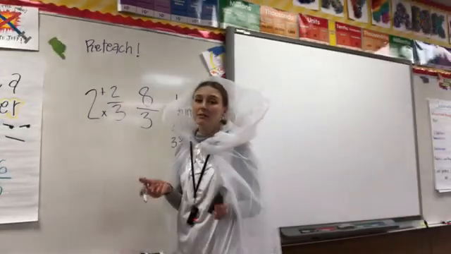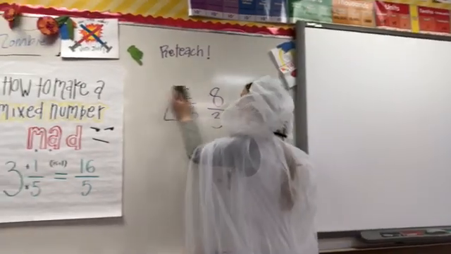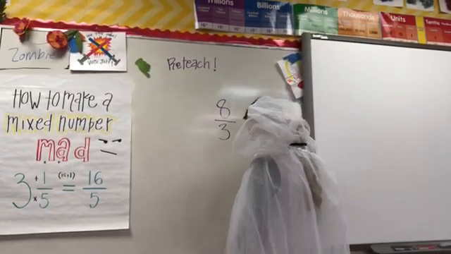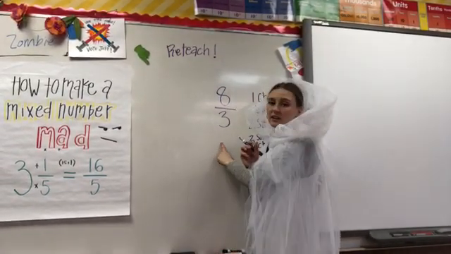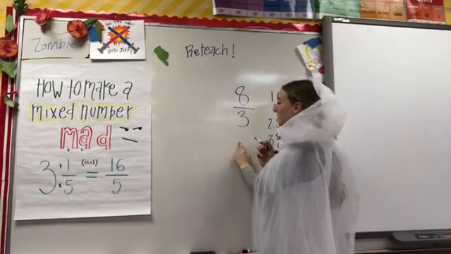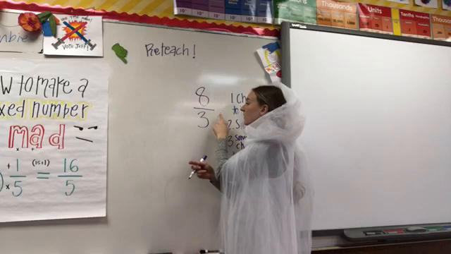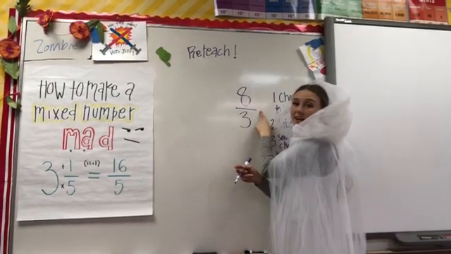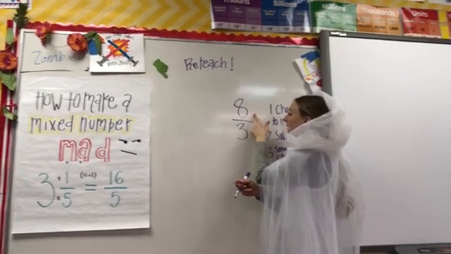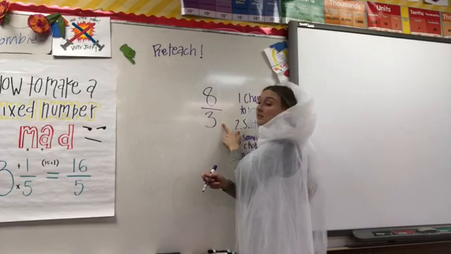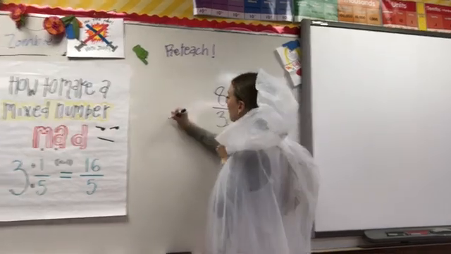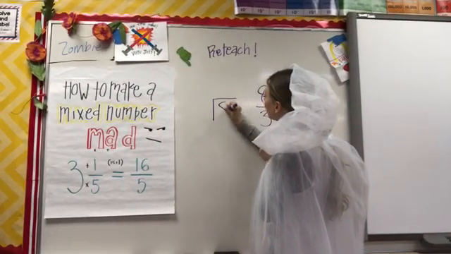All right, now if we wanted to do the opposite, say we have this 8/3, and we want to change it into a mixed number like we just had. With fractions, this line right here actually means divide. So 8/3 is 8 divided by 3. We put our bigger number on the inside.